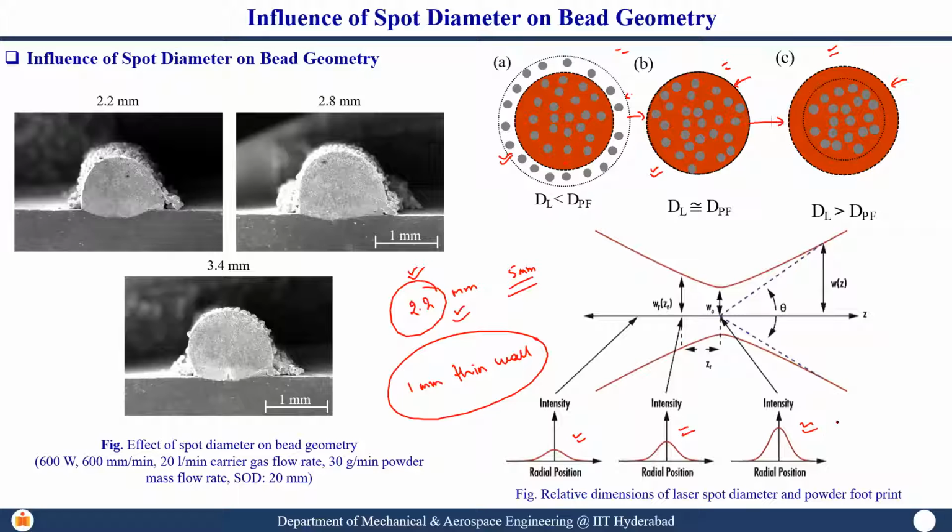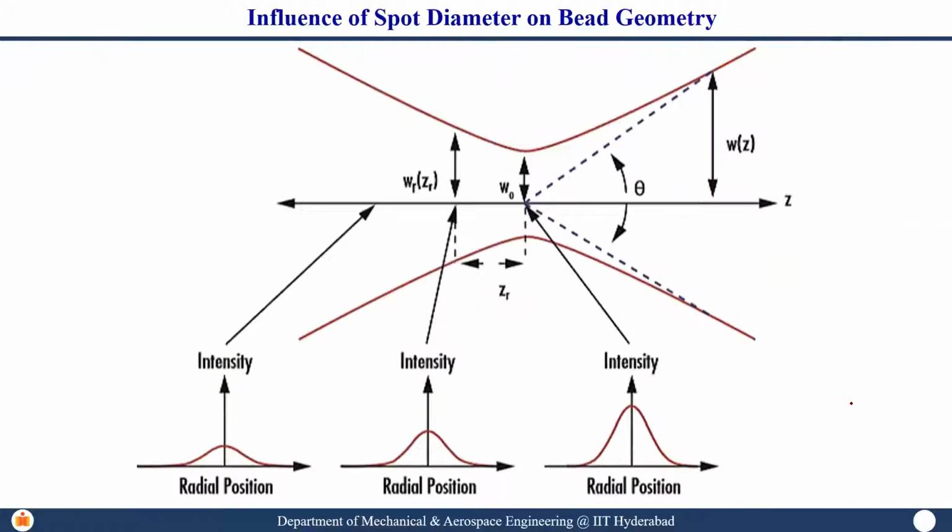Now how are these Gaussian beams going to affect this? Assume that this is the threshold energy that is required to melt the material. As you start increasing the beam diameter, this is somewhere here, this is the beam diameter, and this is at the focal point.